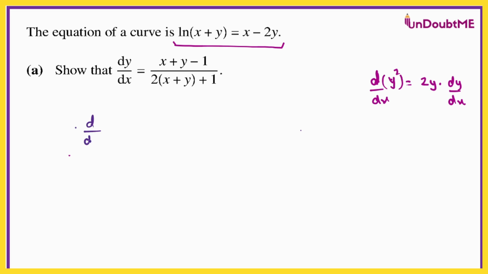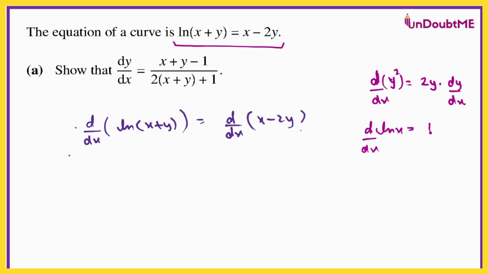So differentiation of the left hand side is d by dx of ln(x plus y), and on the right hand side we have d by dx of (x minus 2y). The right hand side is quite sorted. Let us start simultaneously with both. Differentiation of ln is 1 over whatever is inside. So ln x differentiation is 1 over x, and here we have x plus y, so it will be 1 over x plus y.